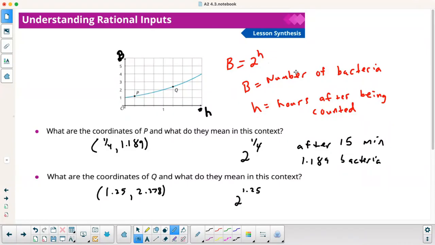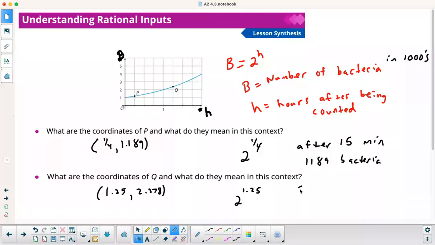Now, it's kind of weird to have that much bacteria. I think it would probably be in thousands. I probably should have written bacteria in thousands. So it would be like 1,189 bacteria if I had put it in thousands, so I'll probably change it there.